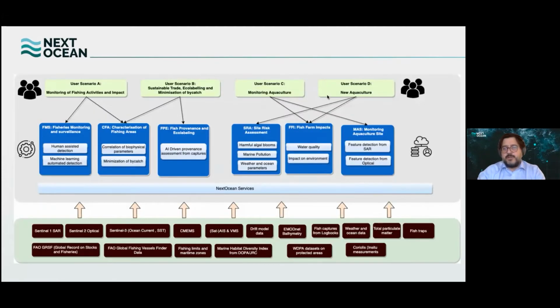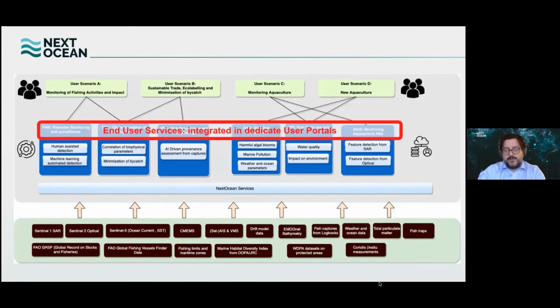An overall picture of the project is that we have the 4 user scenarios on top, and these are addressed with a set of services, the first ones we call end user services. These are integrated in dedicated user portals.